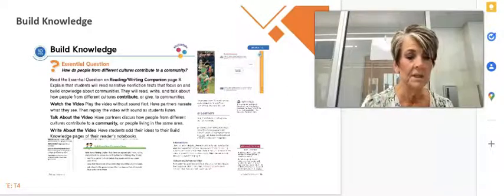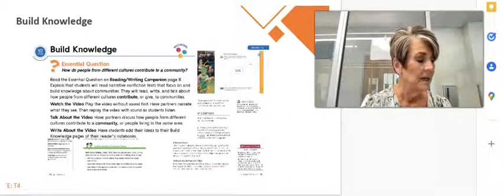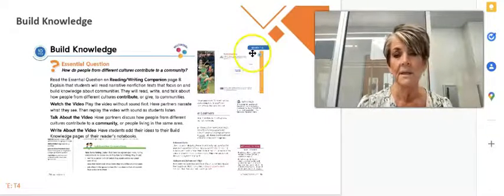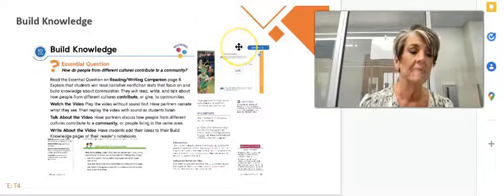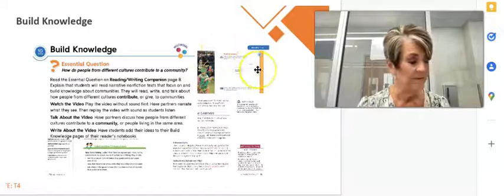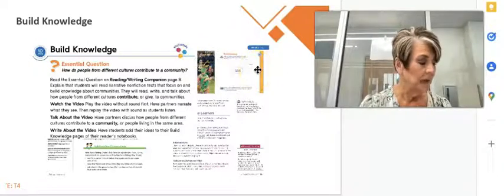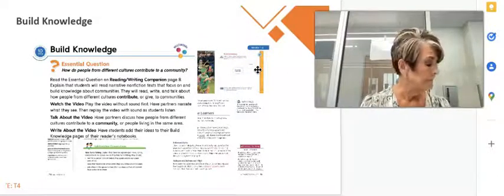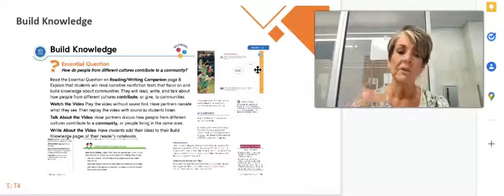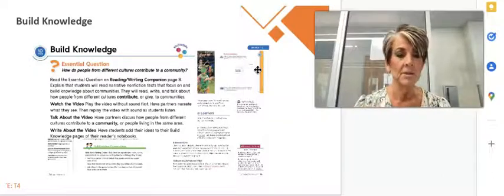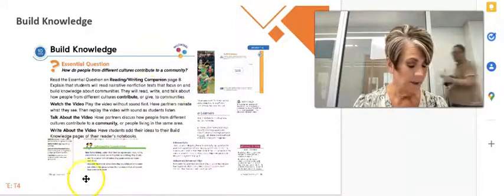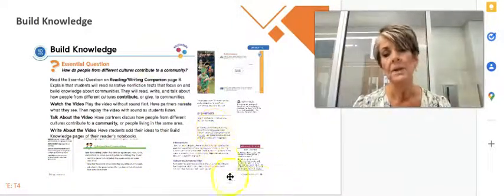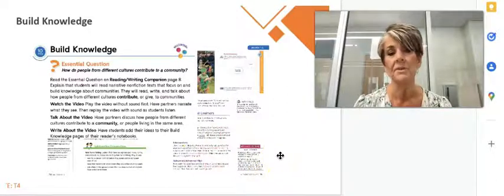The other thing that you'll need to know is that students have something that is in their reading, writing companion, and that they will be filling out as well. So there you'll be looking at building their knowledge and their vocabulary around that essential question. There is lots of collaborative talk, and there is also a place for kids to set their goals for those 10 days of instruction.